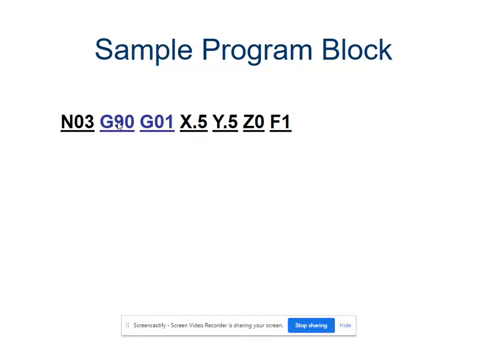Yes, absolute coordinates means we're going to find a point and we're going to call it 0, 0. So if I want my machine to move, if this is my table right here, the tool is spinning right here, and this is 0, 0, and I want it to go to 1, 1, which is 1 on the X and 1 on the Y. It moves over 1 unit and then up 1 unit. So it's working from this point.